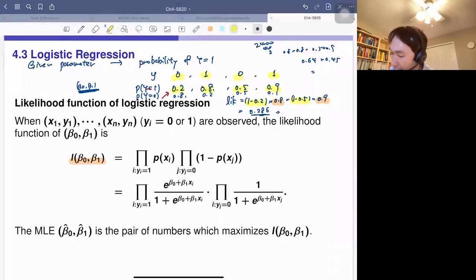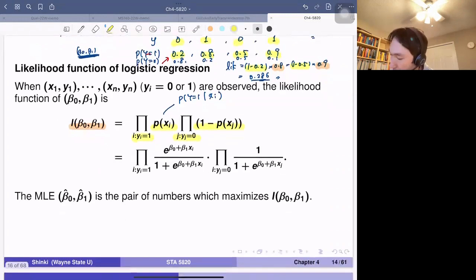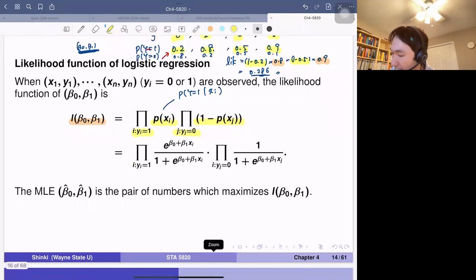We multiply the probability of Y equal to 1 when Y is equal to 1; remember that p of x means the probability of Y equal to 1 given x. And we multiply 1 minus p of x when Y is equal to 0.